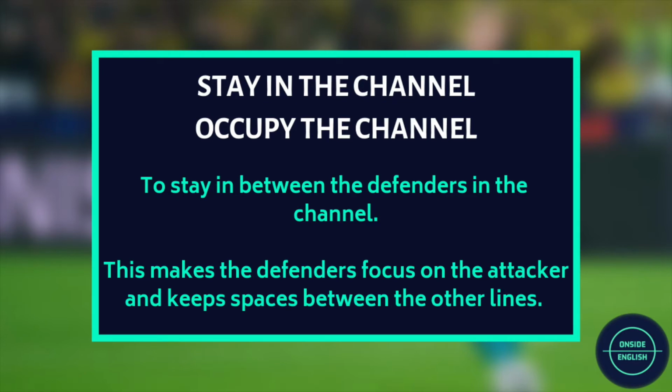Another phrase you can use and strategy is to stay in the channel or occupy the channel. This has the same meaning. So to stay in between the defenders in the channel, this makes the defenders focus on the attacker and keeps spaces between the other lines. So stay in the channel, occupy the channel.